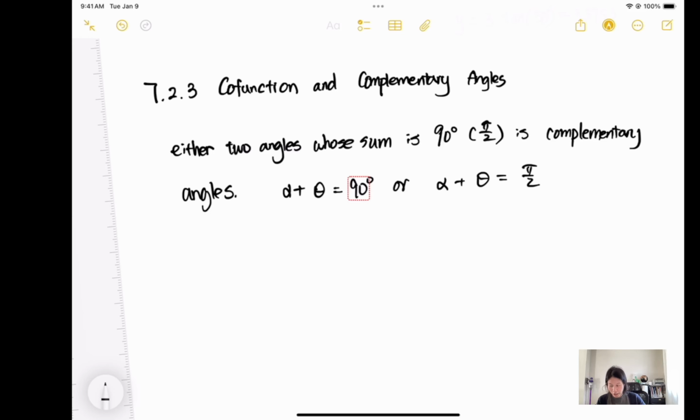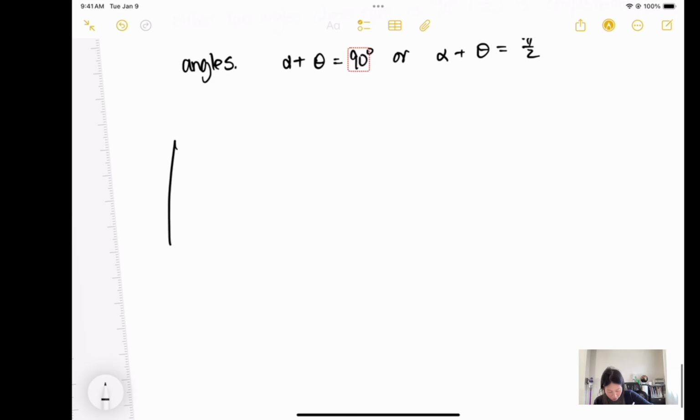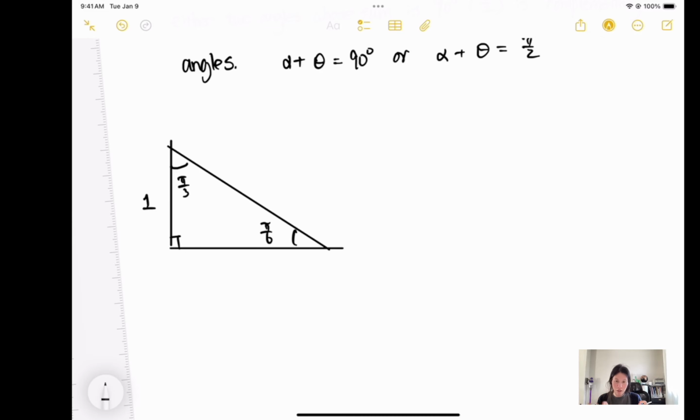Now let's take a look at a triangle. When we have a triangle with angles pi over 3, which is 60 degrees, pi over 6, which is 30 degrees, and a right angle, we know that the side opposite the 30 degree angle is half of the hypotenuse.